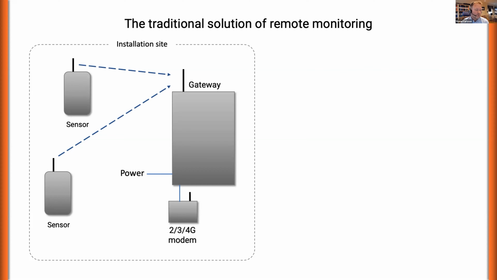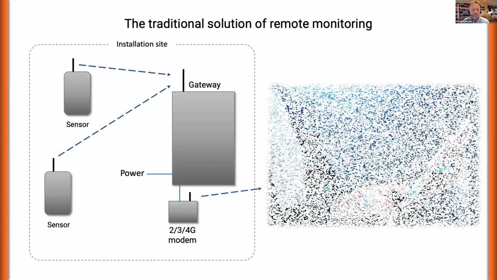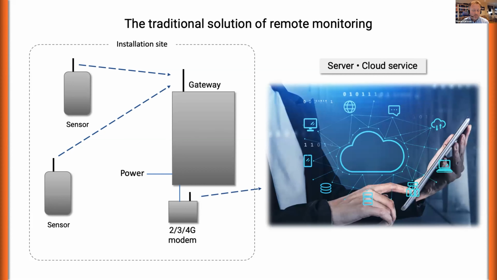Or it could also be a standard LAN connection. And then you have the transmission from the modem to the server, and that means the cloud service. There's where you're monitoring everything and keep control of everything. So this is the traditional way of remote monitoring.